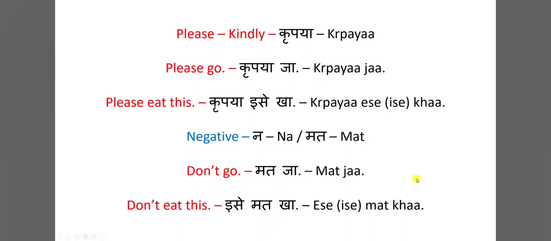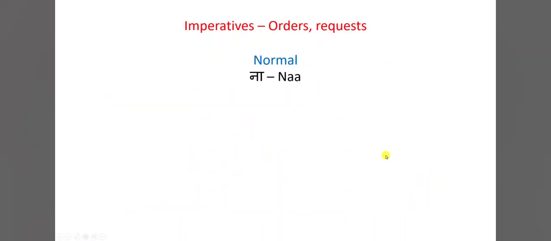Okay? So this is about intimate imperative form. Alright? Next is the normal imperative form, where we add na to the root verb. Go is ja.